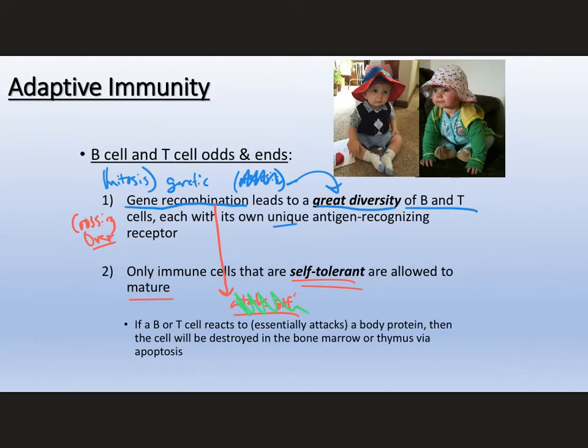That cell is destroyed via apoptosis that we talked about earlier this year. Again, we'll come back in a few minutes and talk about how sometimes that doesn't happen in people, but it should. So all of us that have a normal functioning immune system, when you randomly make these ones that attack you, your body gets rid of them and you don't have to worry about them anymore.